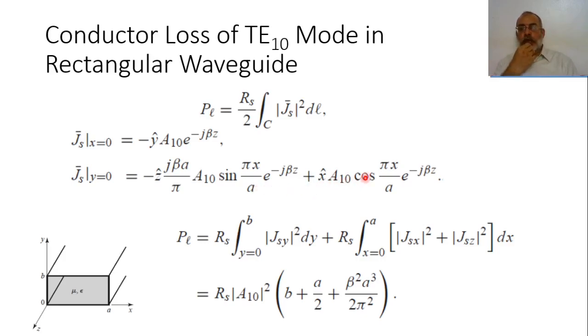Effectively, cosine squared pi x over a and sine squared pi x over a, integrated over dx from 0 to a, would each give a over 2.